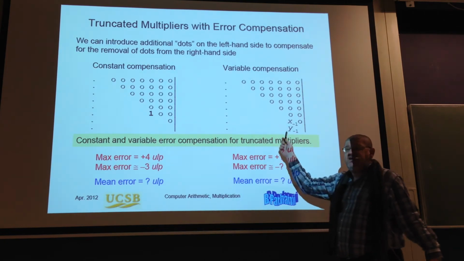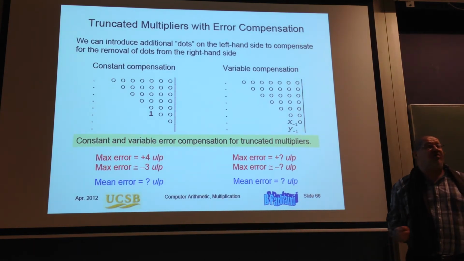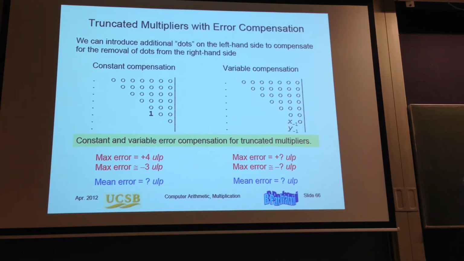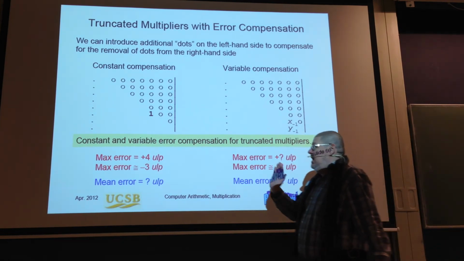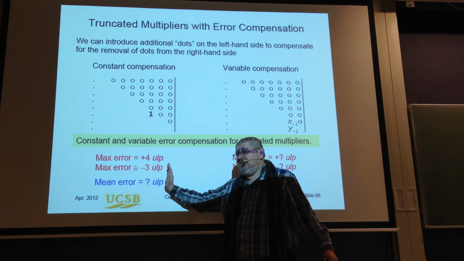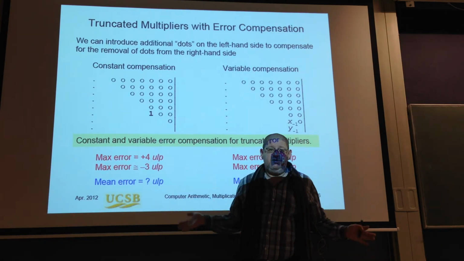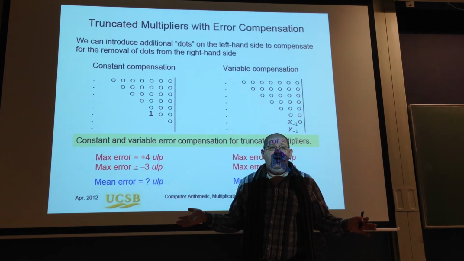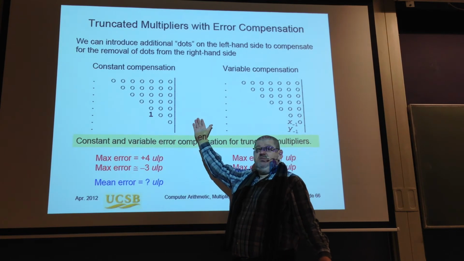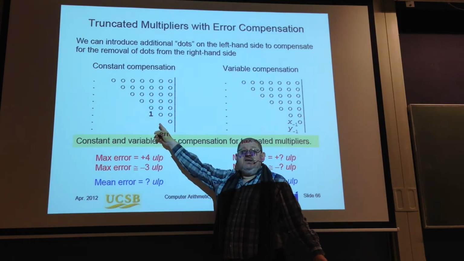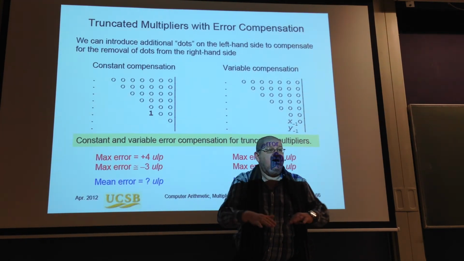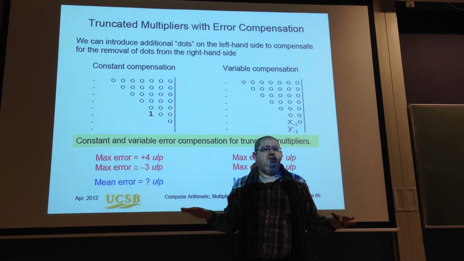If I apply this technique, you may try to guess how many units in last position I'm losing. Essentially, there is a big difference between the first and the second, because this one is a compensation which does not depend on the operands. I'm just dropping all the bits here. I put a 1 there, and then I do the reduction and undo my calculations.